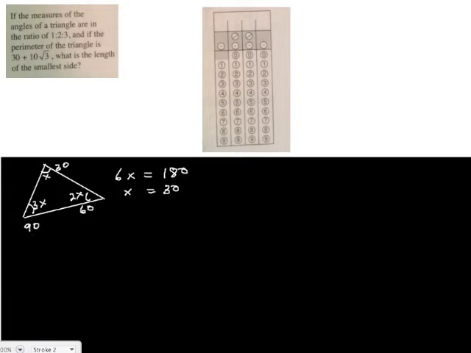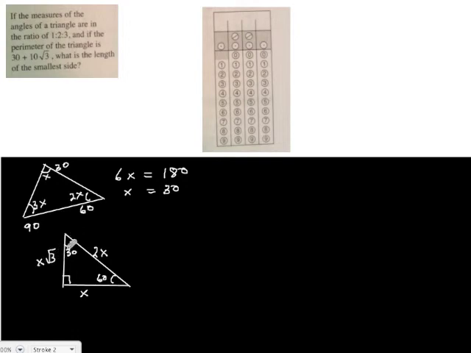I immediately see this as a 30, 60, 90 triangle, and I'm going to redraw the triangle so that my brain is wrapped around the standard 30, 60, 90 figure that I've been working with. So we know that the side across from 30 is half of the hypotenuse, and the side across from 60 would be x times root 3.